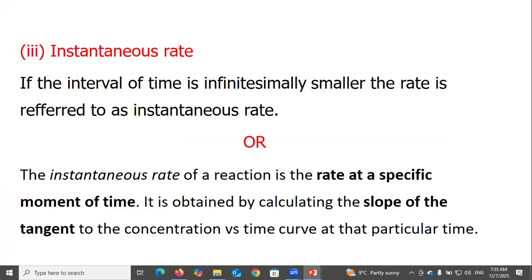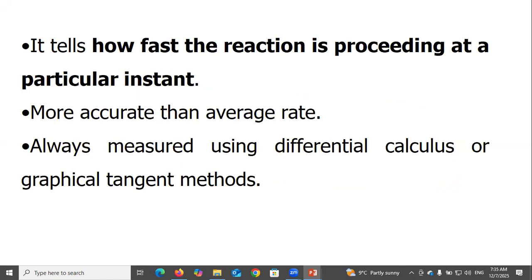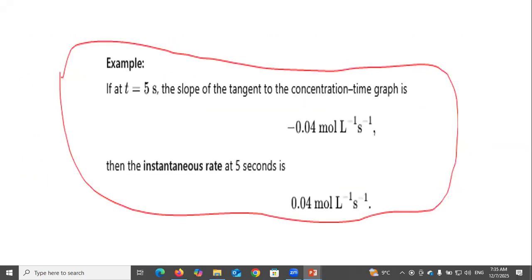It is obtained by calculating the slope of the tangent to the concentration versus time curve at that particular time. Mathematically, instantaneous rate equal to d[reactant] over dt or d[product] over dt. It tells how fast the reaction is proceeding at that particular instant. More accurate than the average rate, always measured using differential calculus or graphical tangent methods.